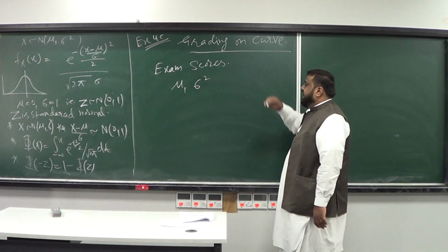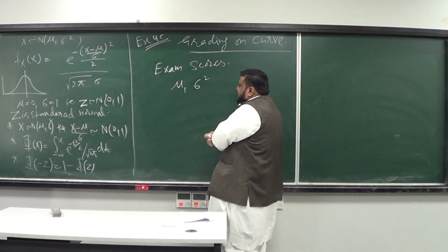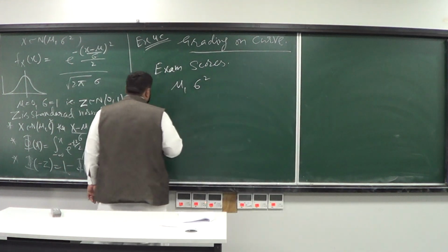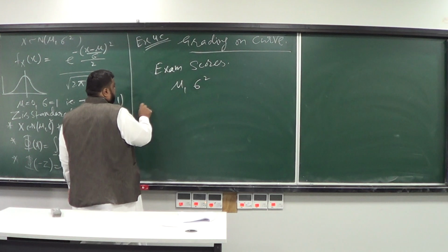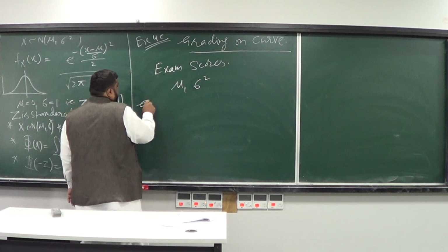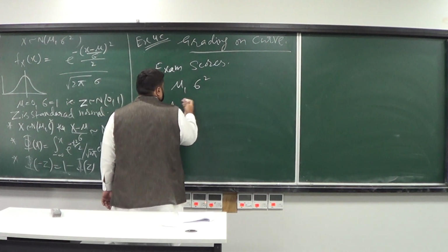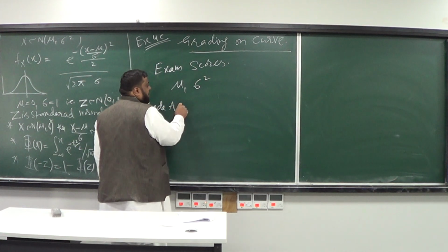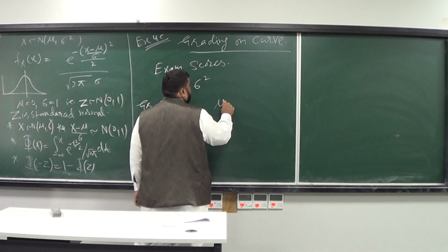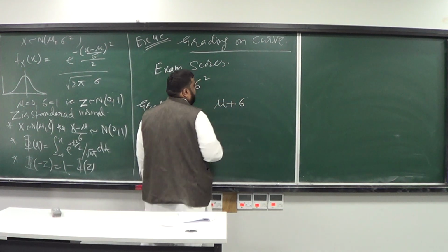Now you want to do the grading on the curve. So what can be done? Ideally, you can assign grade A to those students who have marks above mu plus sigma.